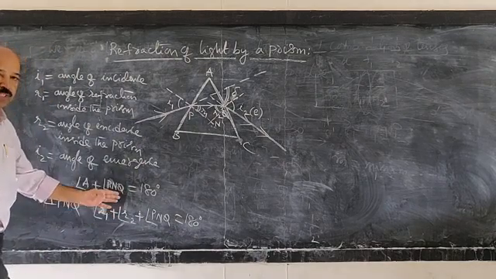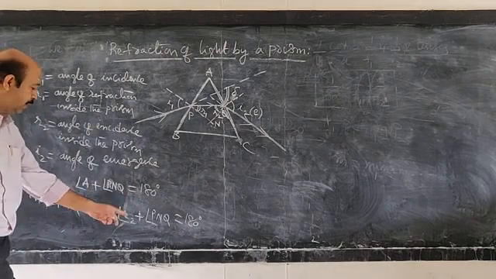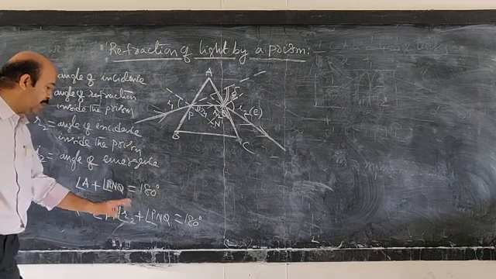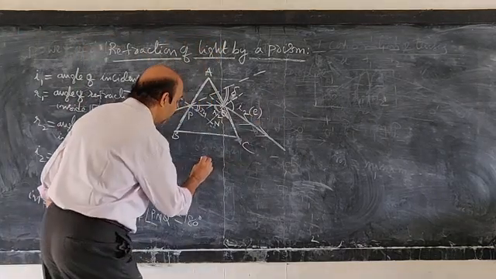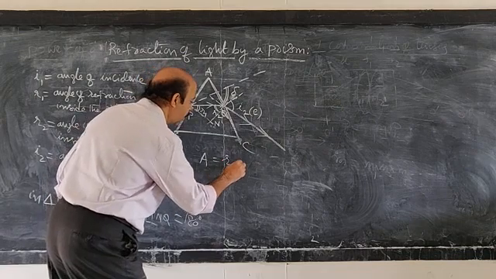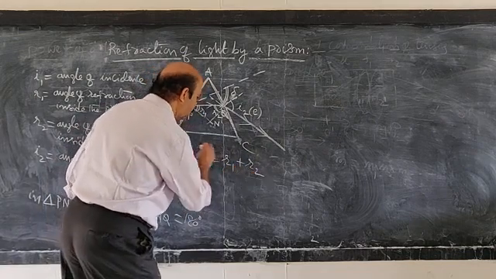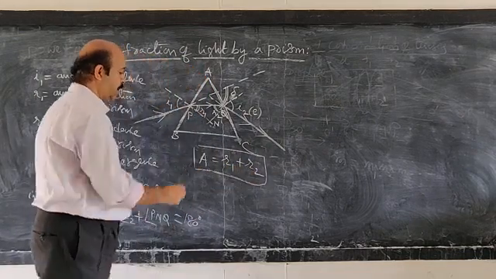Now these two must be equal. So comparing these two, the angle PNQ gets cancelled, and what you get is that angle A is equal to R1 plus R2. This is what we get.